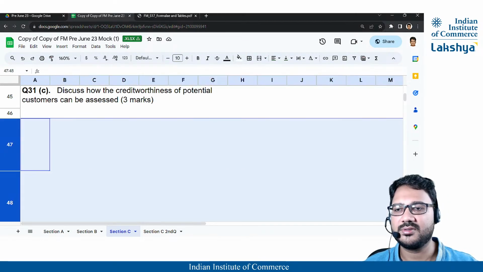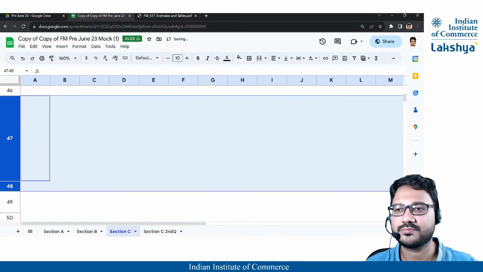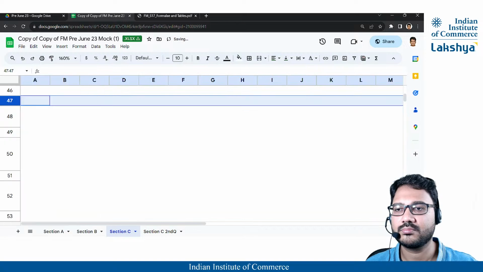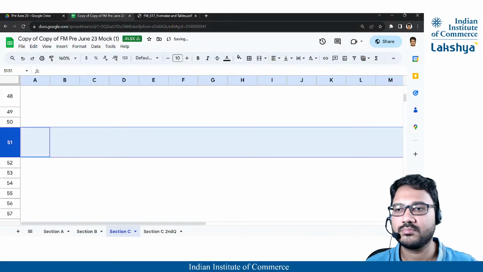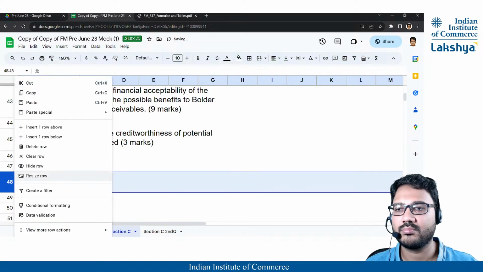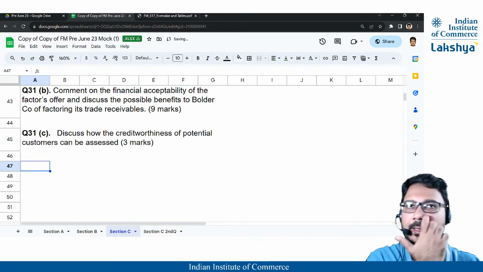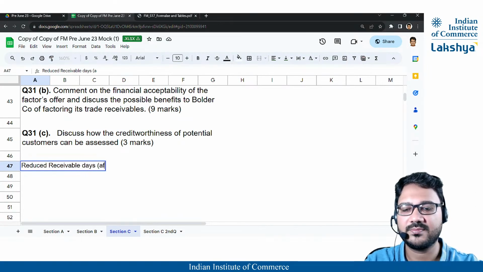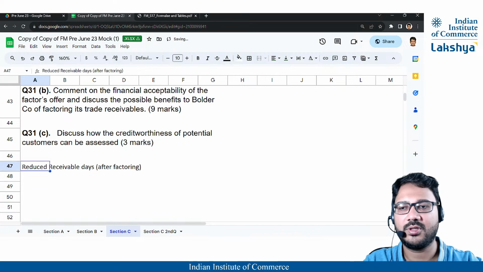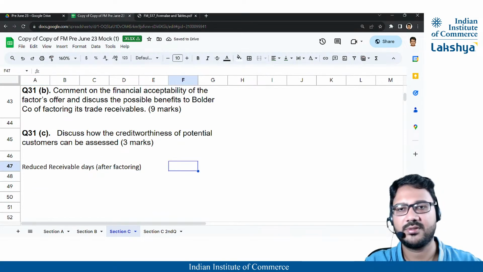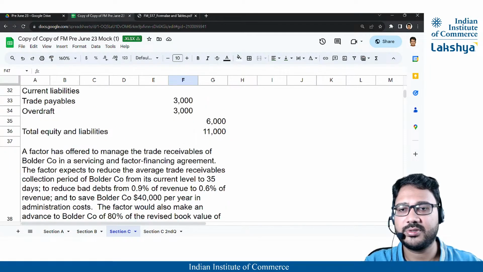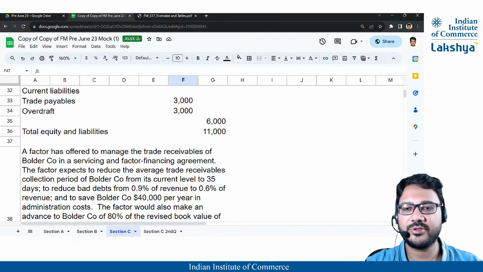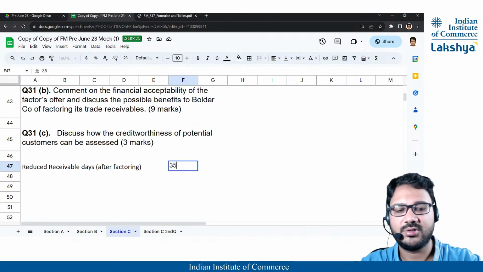Let me just delete this. Reduced receivable days, that is after factoring, becomes 35 days.